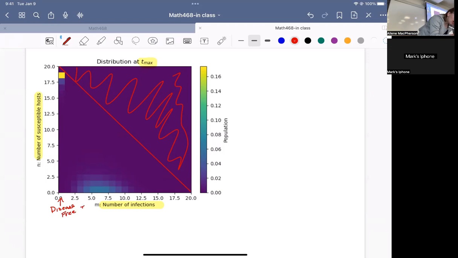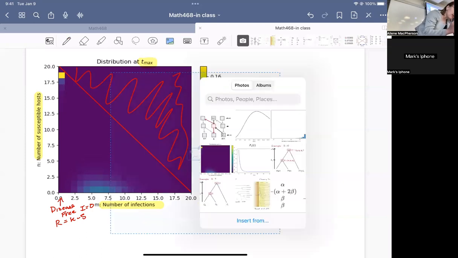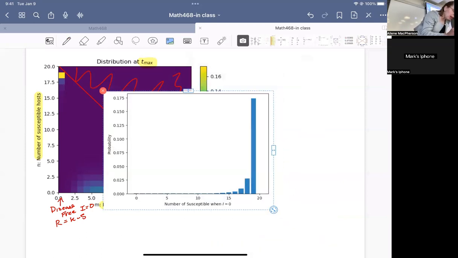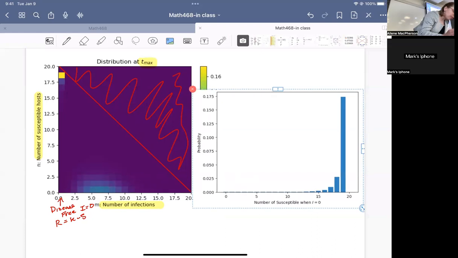In this case, I equals 0, and R is equal to kappa minus S. So note that S can still be 0, in which case everybody would have recovered, or almost everybody could still be susceptible, and almost nobody had been infected and recovered. So you can still end up anywhere along this edge. So another way to analyze this process is to just look at that very first column.